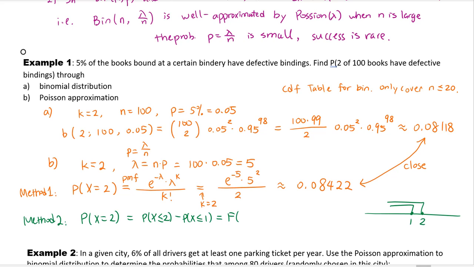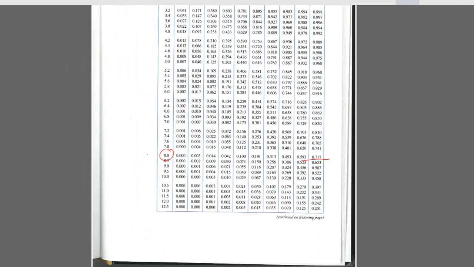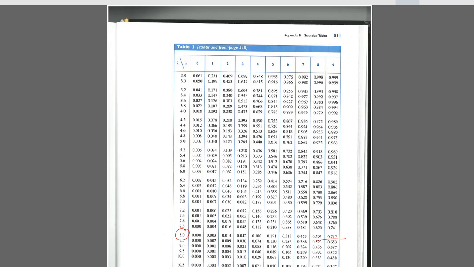So that is F(2), lambda is 5, minus F(1), lambda is 5. We use the CDF to compute, and we're in table 2, looking for lambda equals 5.